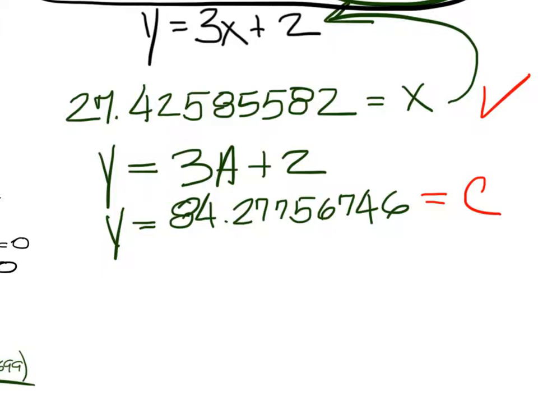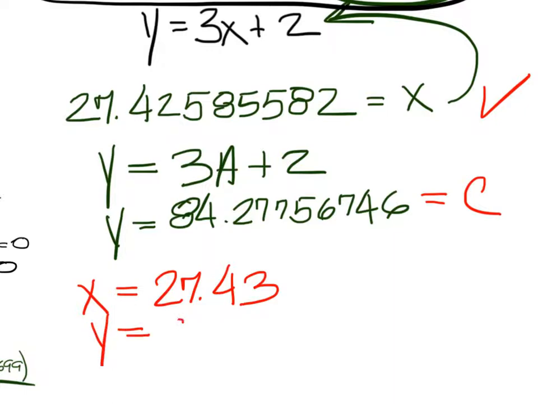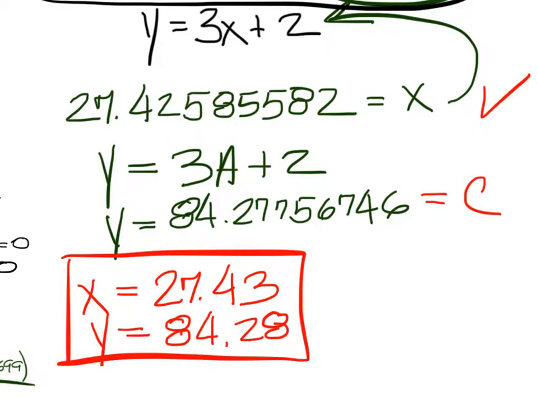The coordinates for one end of the bridge, and if you want to go back and find X, you just hit alpha A in your calculator. For one end of the bridge, it's x equals 27.43. You're going to round your final answers to 2 places. And then y equals 84.28. So there is one set of coordinates, or you could write those in point form, xy form.